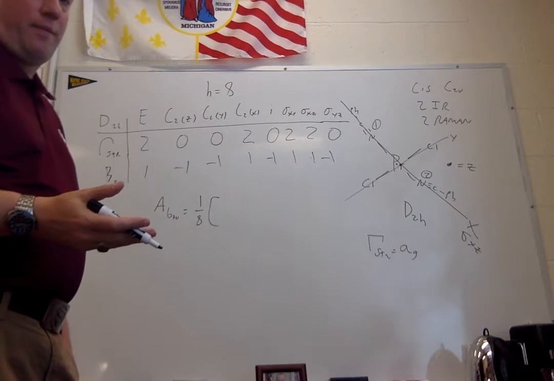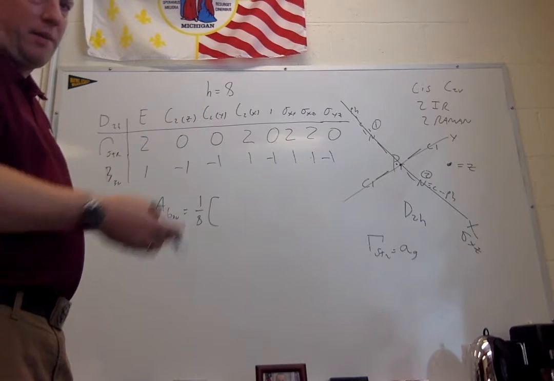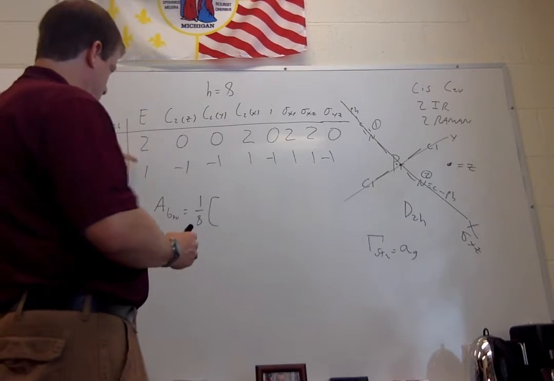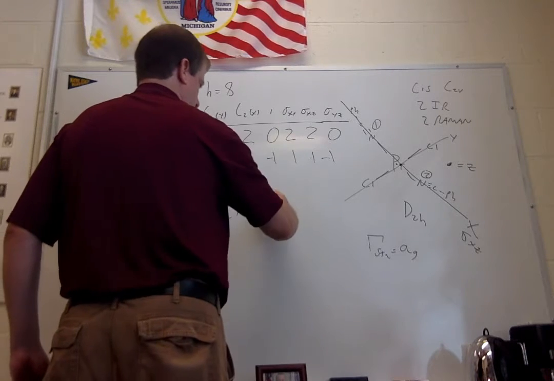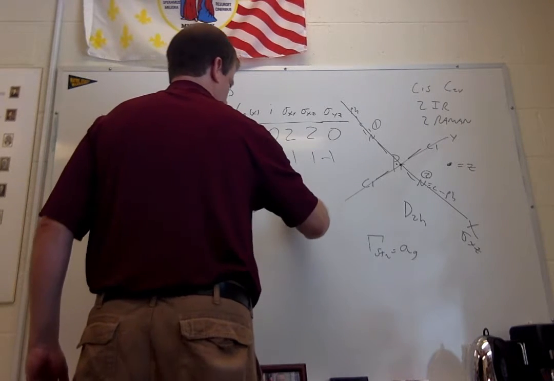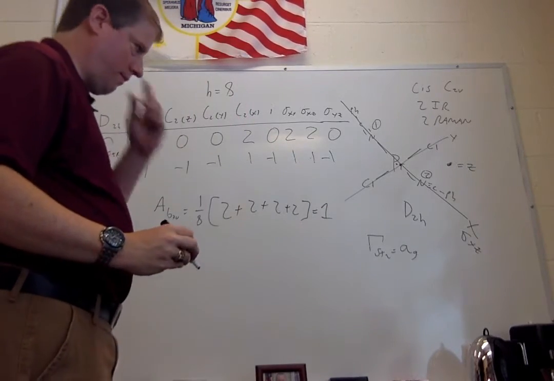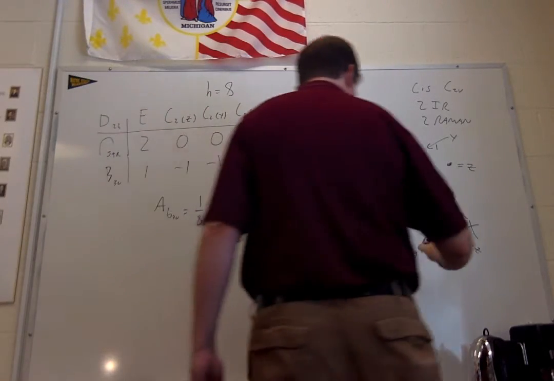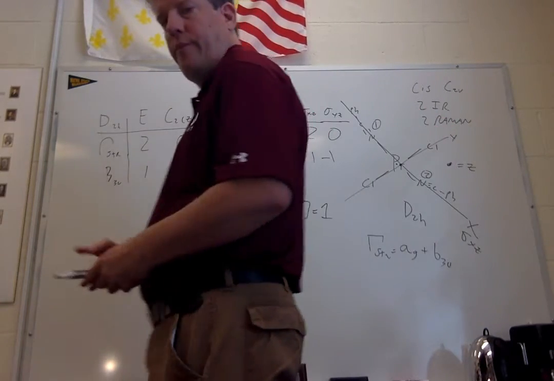Okay, so let's hope we get a 1. You can probably tell by inspection right there, because we have 2, 0, 0, plus 2, 0, plus 2, plus 2, and 0, 1. And so the 2 symmetries that we have are AG and B3U.